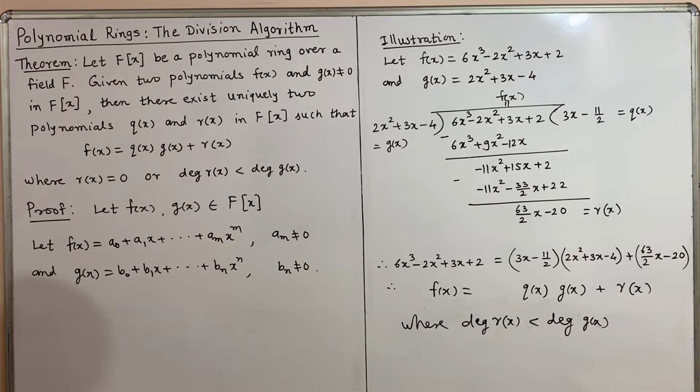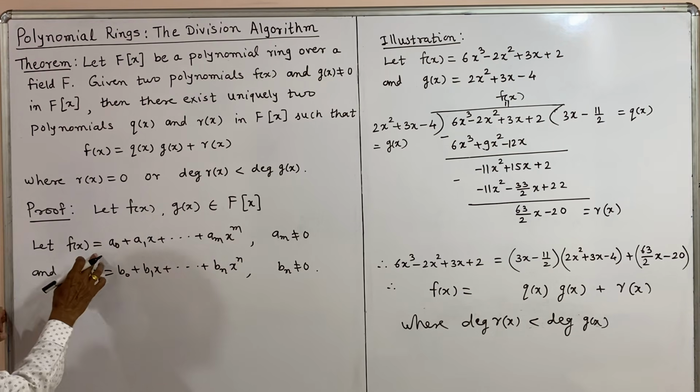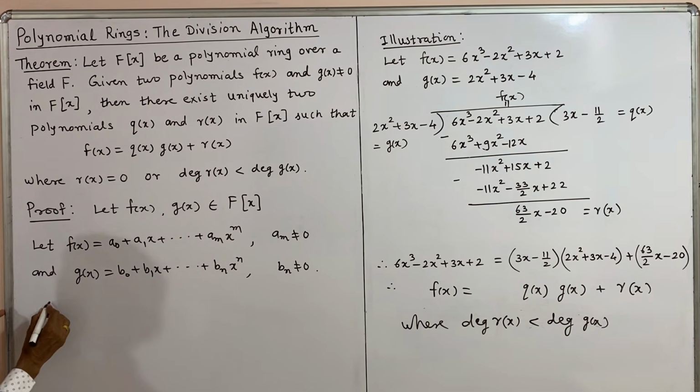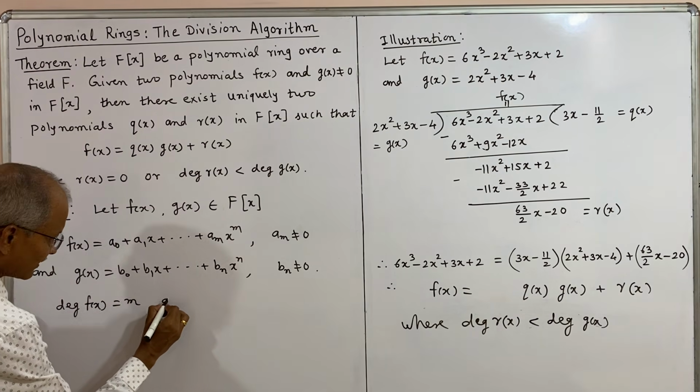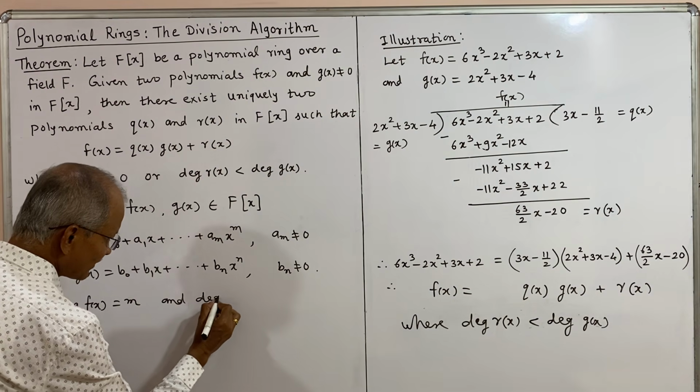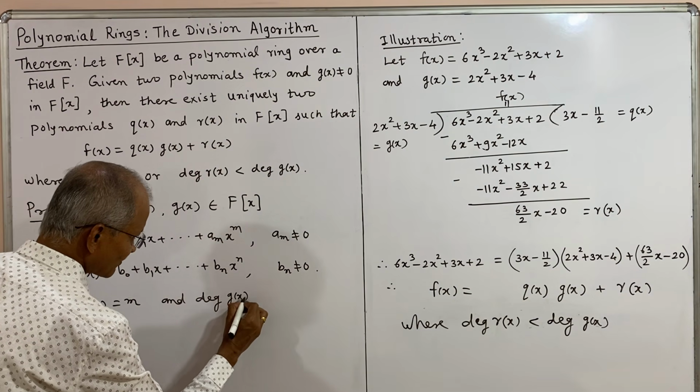Now the first case we shall consider is what happens if the degree of f of x is less than the degree of g of x. The degree of f of x is m and the degree of g of x is n.